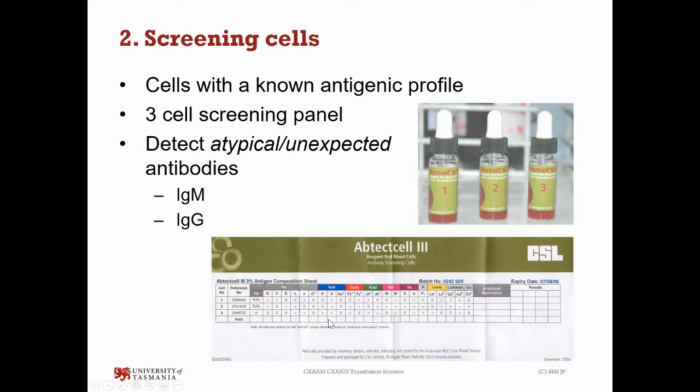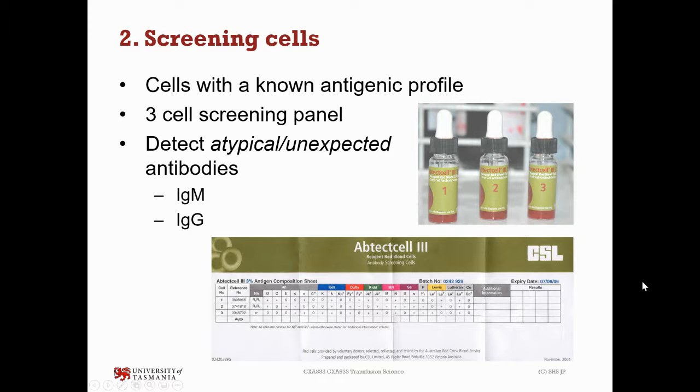Okay, so first of all they help us to detect whether or not we've got an atypical or unexpected antibody there, and also that initial pattern of reactions between those 3 cells can guide us as to what that antibody might be.